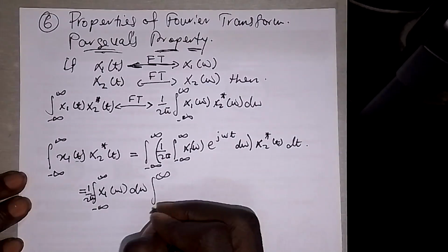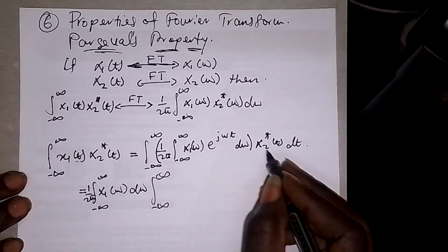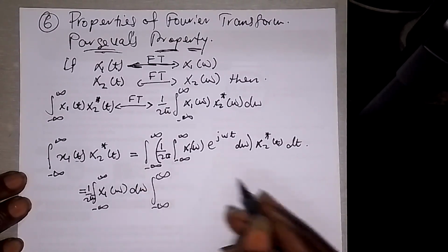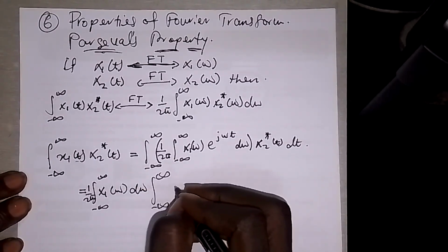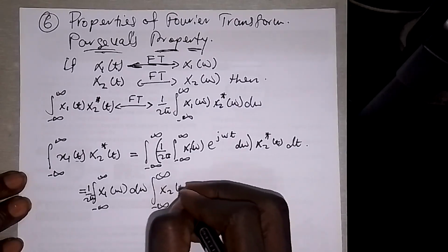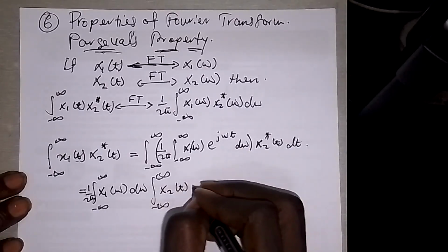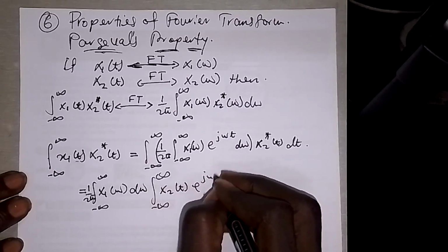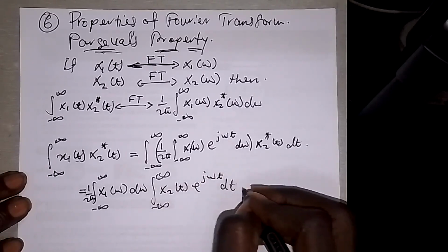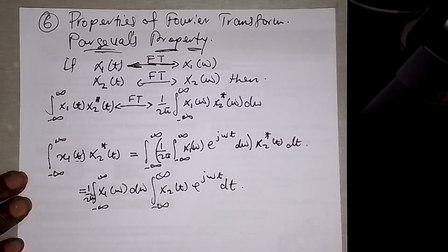And this integral can come here, so now x2 of t, and then e to the j omega t, and here is the dt.